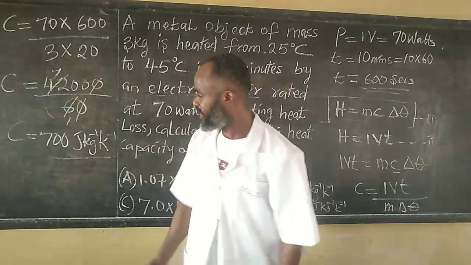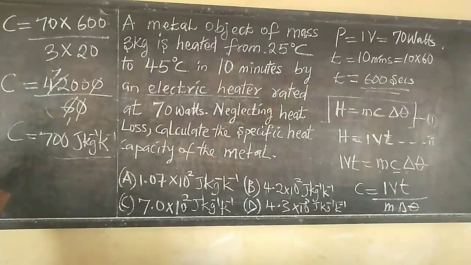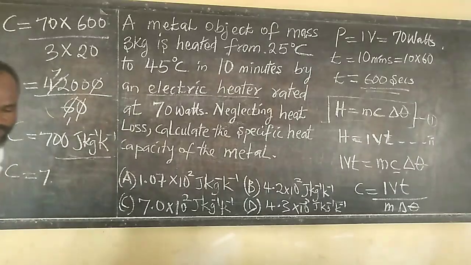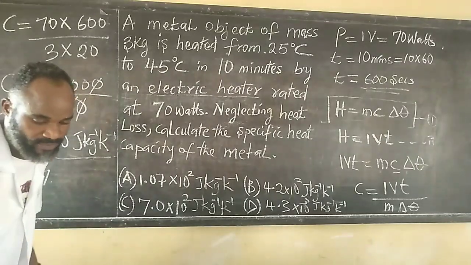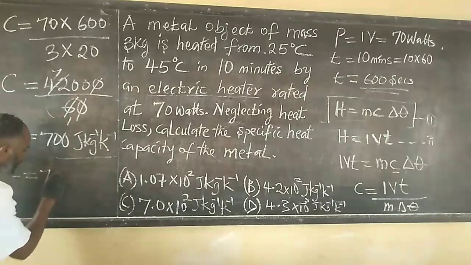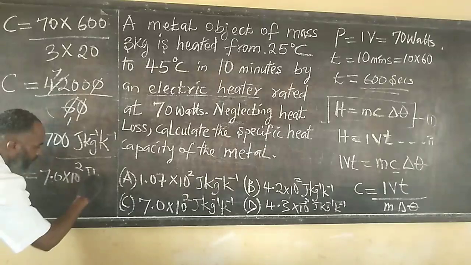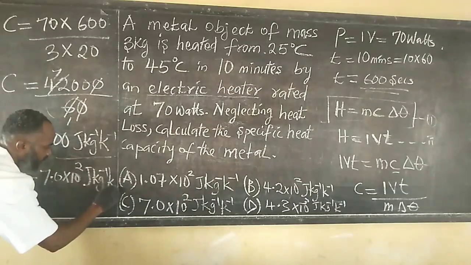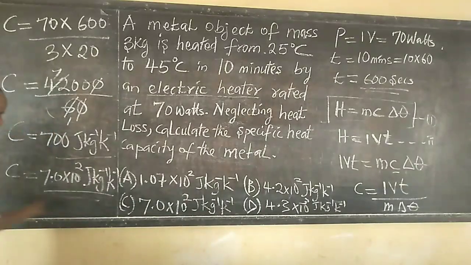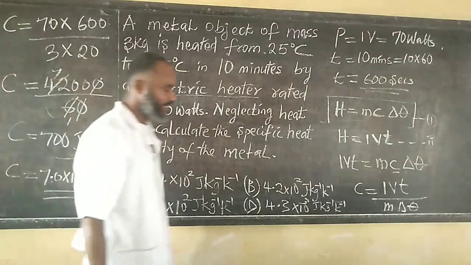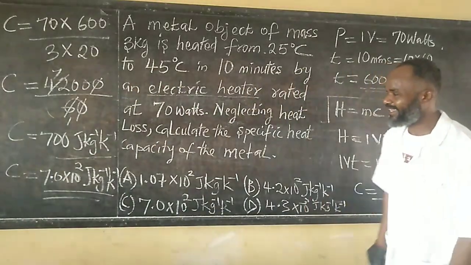But we can still put this in standard form. By the time we put this in standard form, we have C is equal to 7.0 times 10 raised to power 2 joules per kilogram per Kelvin. Good. So let's go through the options once again.